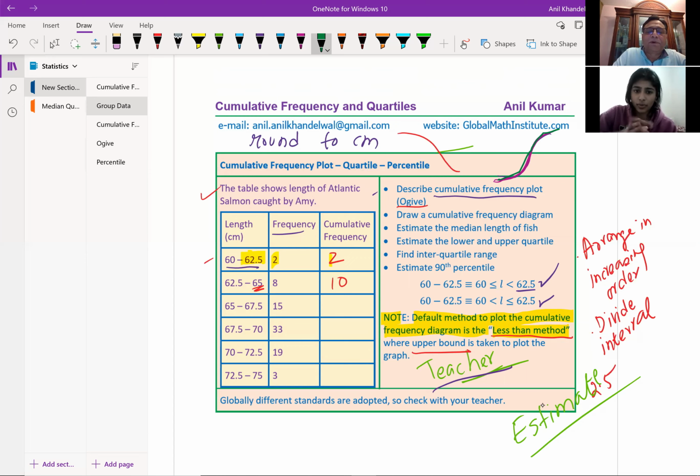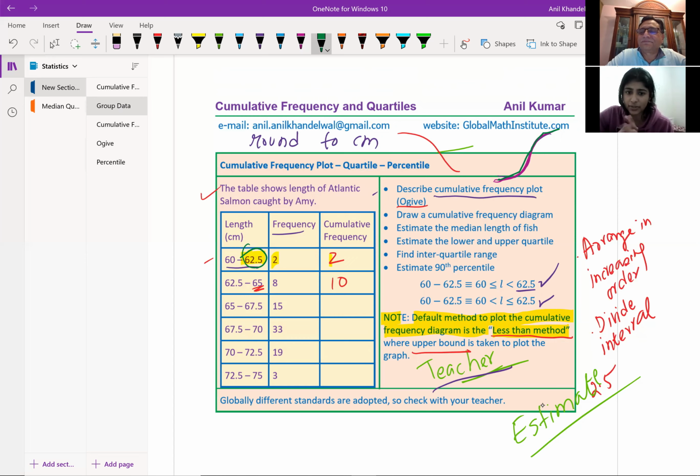And so that's where upper bound comes in. When you use the less than method, you use the upper bound, and then when you work out the cumulative frequency, you use the upper bound and say how many are less than that. So then you just start adding up the values, and by the last interval, you'll have the number of things in that data set all below that last upper bound that you've got.